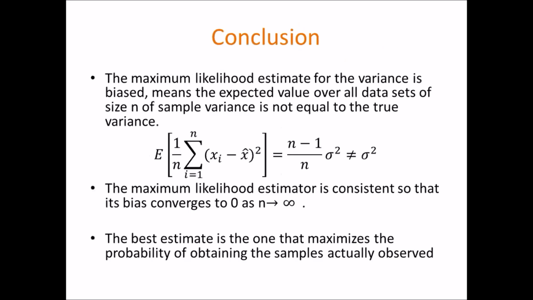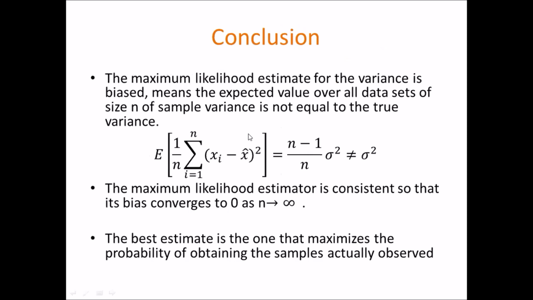As a conclusion, the maximum likelihood estimate for the covariance is biased. Biased means the expected value minus the actual value does not give us 0, meaning they are not equal.